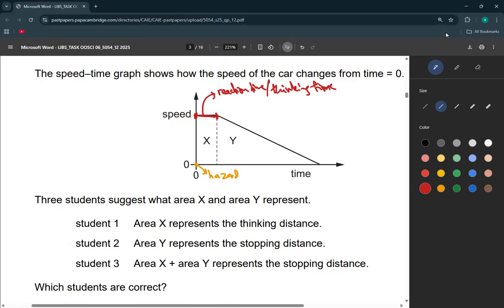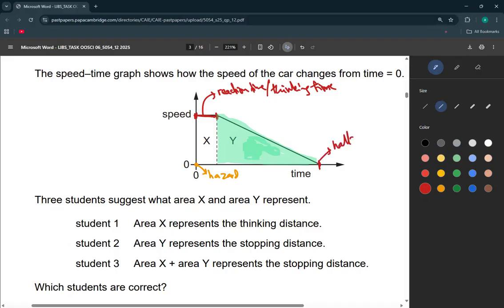After that, this green region, which is also written as y here, is the distance after which the car came to a halt.